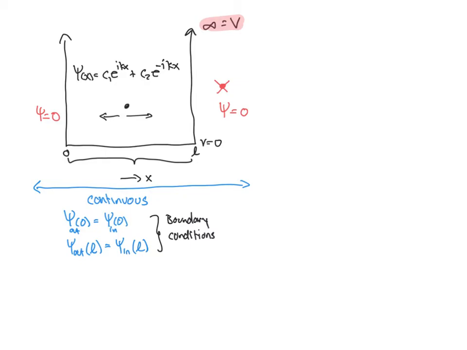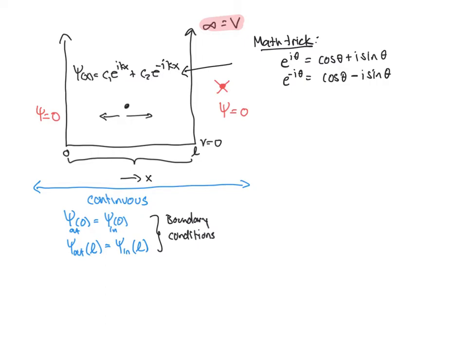Okay. So before I get started actually doing this, we're going to manipulate this equation a little bit to help us do this in a little bit easier way. A math trick that is important for you to understand is that e to the i theta is equal to cosine theta plus i sine theta, and e to the minus i theta is equal to cosine theta minus i sine theta.